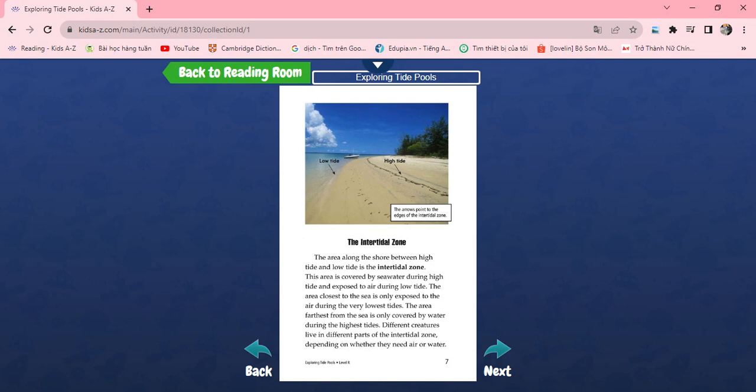The area farthest from the sea is only covered by water during the highest tide. Different creatures live in different parts of the intertidal zone depending on whether they need air or water.